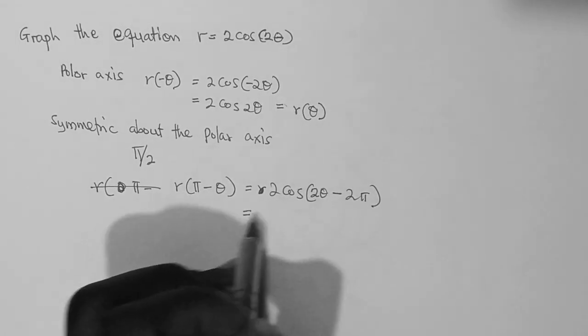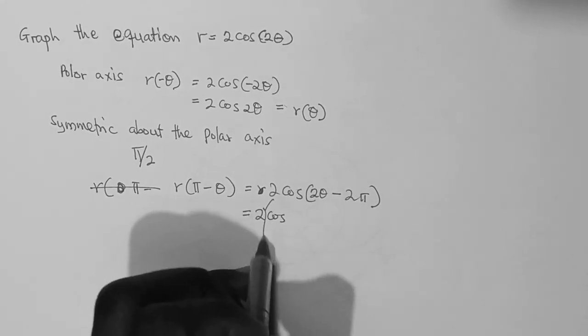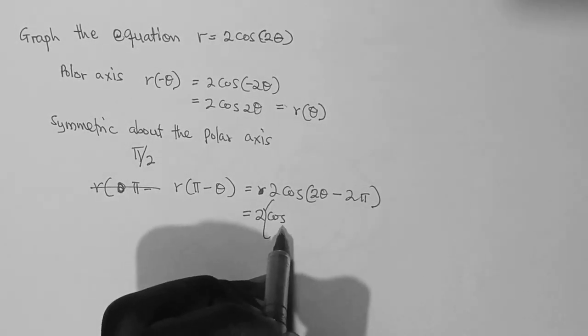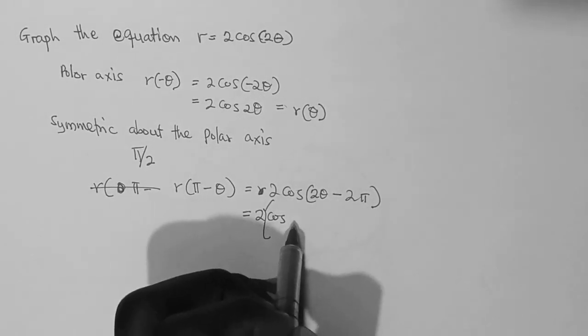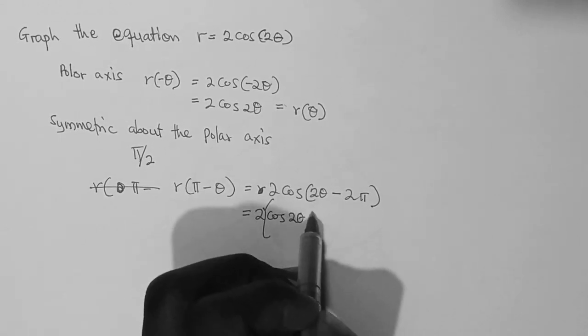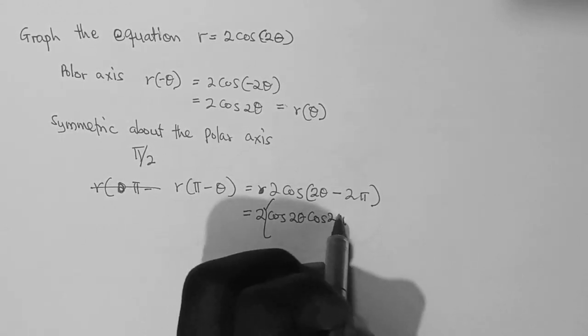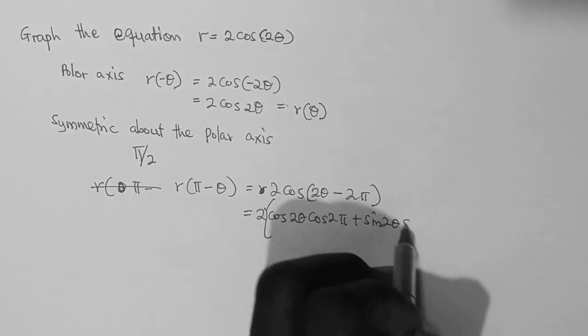This is equal to 2 cos, so let me bring this bracket. Then cos of 2 theta minus 2 pi is the same as cos 2 theta cos 2 pi, then plus sine 2 theta sine 2 pi.